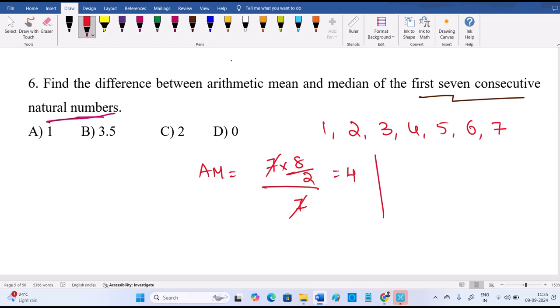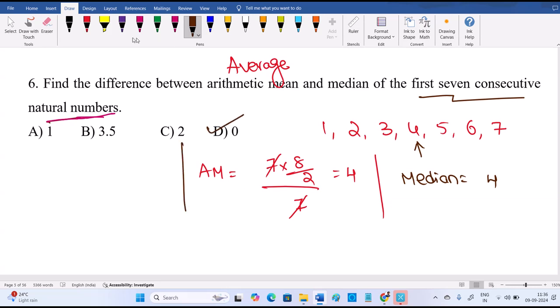Arithmetic mean is also called average. Whereas median is called the middle term. So the middle term is equal to 4. Both are equal, difference is 0.